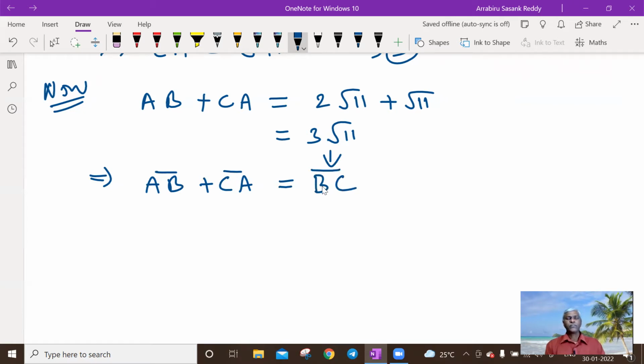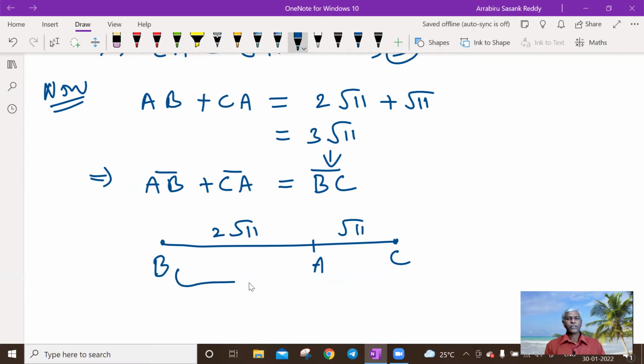So A is in between B and C. The points are like this: B, C, and A is there in between. So AB plus AC, we are getting the BC distance. AB is 2 root 11, AC is root 11, and BC is 3 root 11.